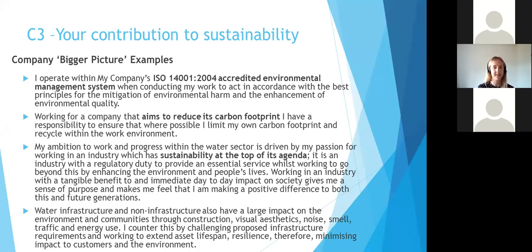And then the second part of this is saying how the individual works within that organisation to counter those potential impacts by challenging proposed infrastructure requirements, working to extend asset lifespan, resilience, and therefore minimising impact to customers and the environment.